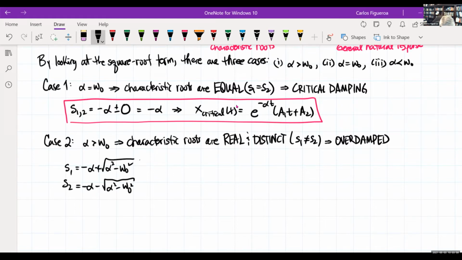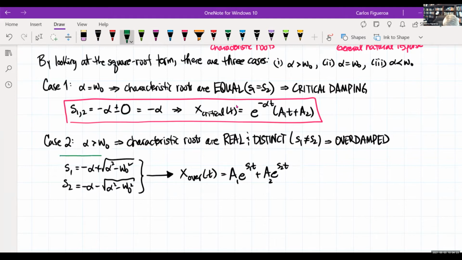So then when I look at the solution to this guy, then I'm going to have overdamped, and this solution then reads A1 e to the s1t plus A2 e to the s2t, where I call those my damping constants 1 and 2. So now we have our second one.